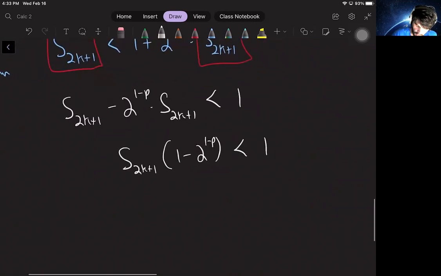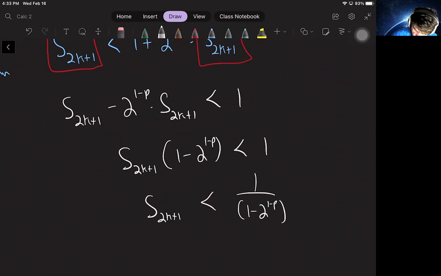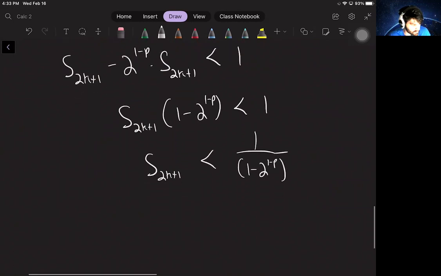And then I can divide. And then what's going on is I never did figure out a formula for S_{2k+1}, but I figured out something that it's less than. And that's good enough because what I need to do is take a limit.